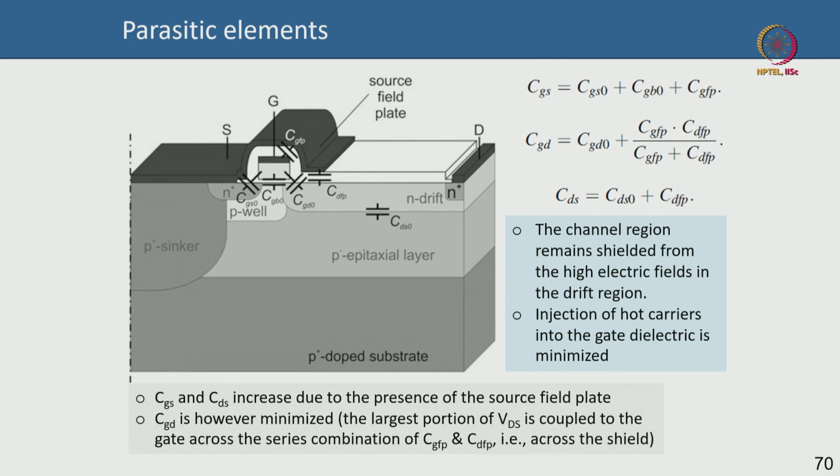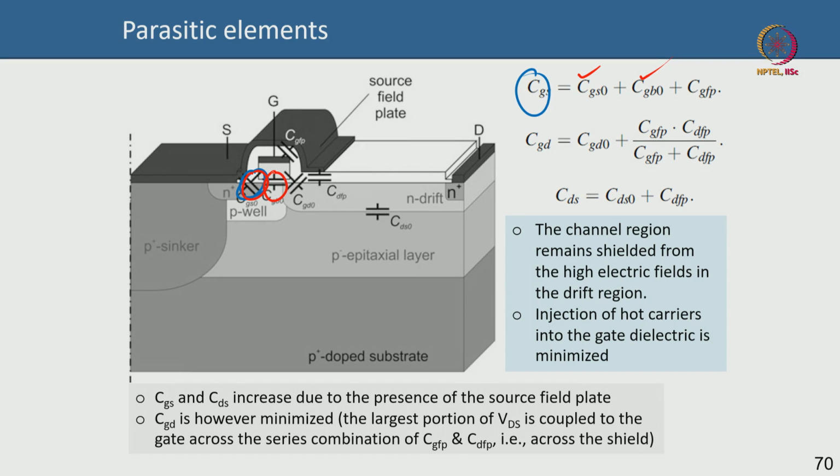Now, let us take a careful look at different capacitances. The total gate source capacitance, if you look carefully in this structure, is the intrinsic gate to source capacitance, maybe I can use a red color here. The intrinsic gate to source capacitance is the coupling between the gate and the source through the oxide, and of course any depletion region that might form, plus CGB, the gate to channel coupling capacitance.